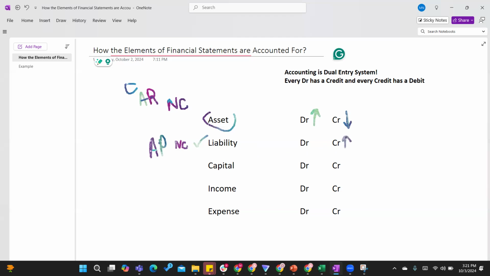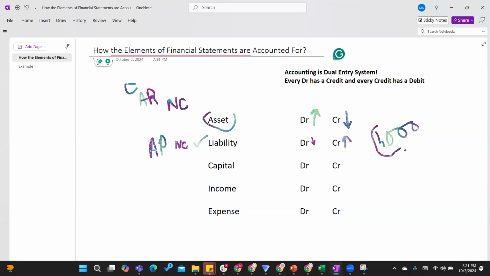So whenever my liability is going to increase, I'm going to credit it, and whenever it's going to decrease, I'm going to debit it. So for instance, I bought $1,000 worth of stuff from the vendor. The moment I buy it, it increases, right? I owe the vendor this thousand, so I'll credit the vendor account.